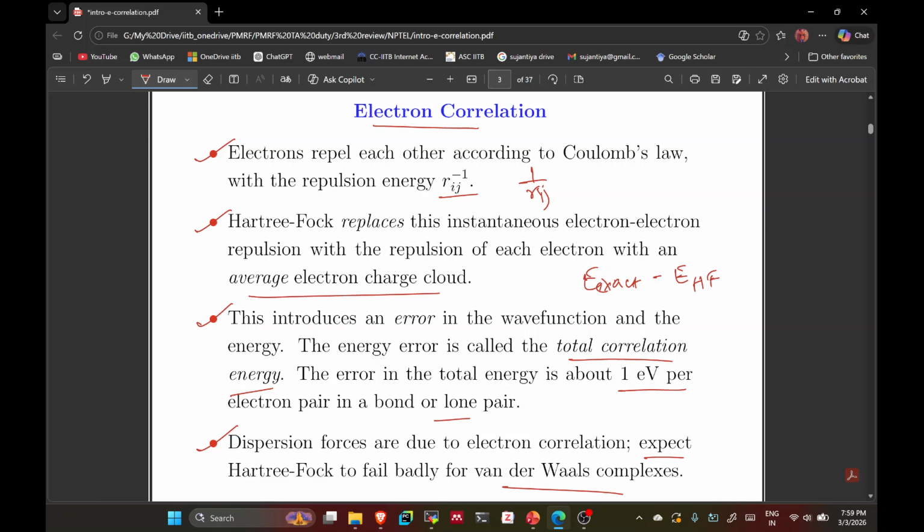On average you see a zero dipole, but there is some instantaneous dipole. So dispersion is basically the interaction of this induced dipole with another dipole. Now, if Hartree-Fock averages out or smears out this interaction, it will not see it. So Hartree-Fock will fail very badly, and this has actually been proven already.